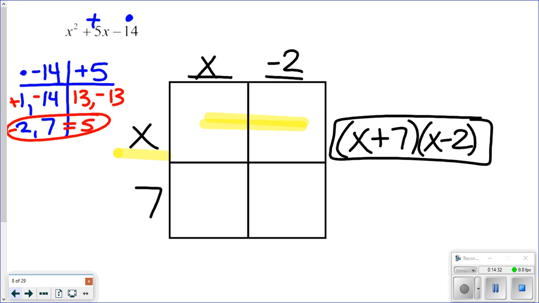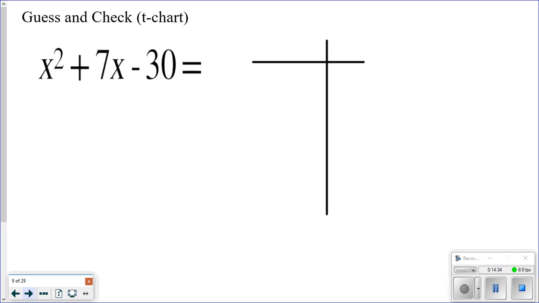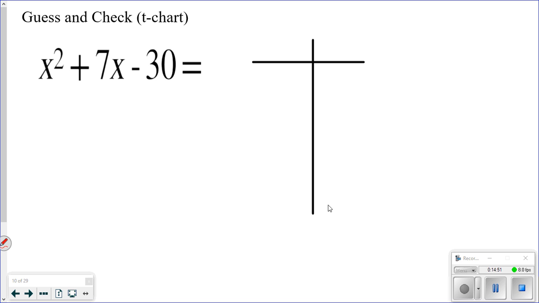So we could just go straight from this T-chart of guessing and checking to our final answer. Okay, we don't have to spend time doing the box method for these types of questions when we only have an x squared. Later on, when we have like a 4x squared, we will have to use the box method or something called divide and slide.